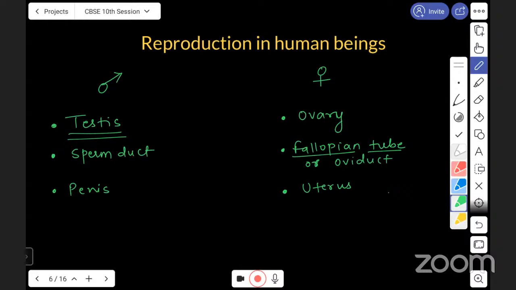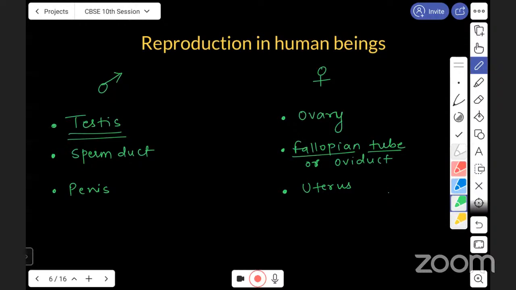If you write only HIV, then this is not the name of the disease, so you will not get marks for it. AIDS is the name of the disease, acquired immunodeficiency syndrome, and HIV is the virus which causes AIDS, human immunodeficiency virus, right? So do not write the name of the virus in place of the disease, write the name of the disease, that is AIDS.